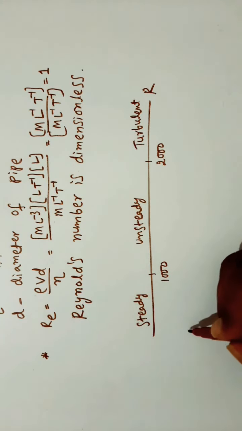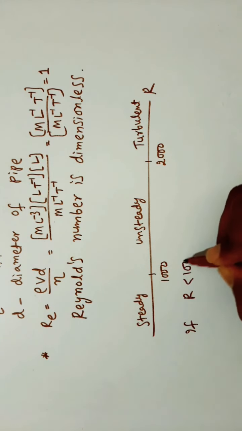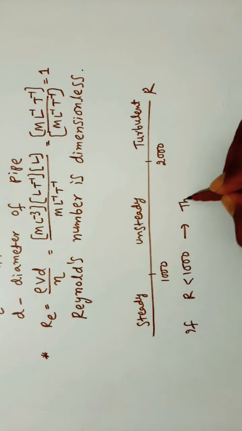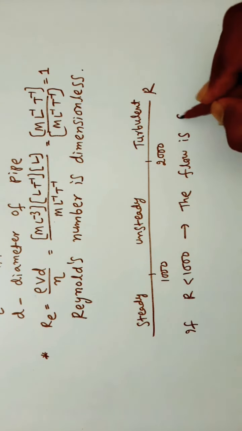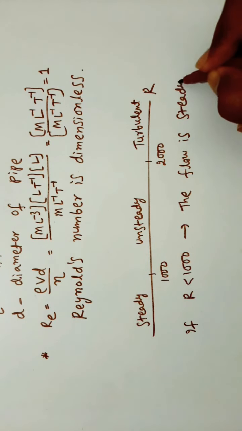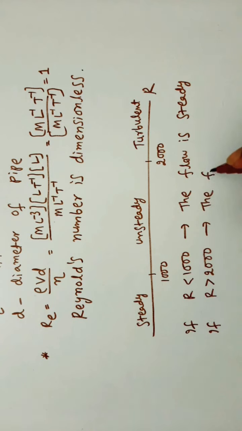So if Reynolds number R is less than 1000, the flow is steady. If R is greater than 2000, the flow is turbulent.